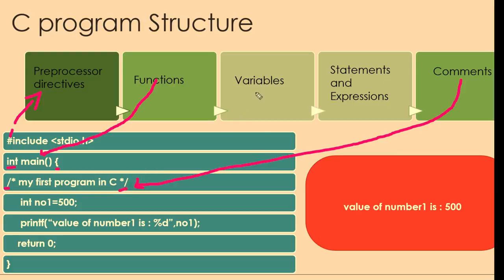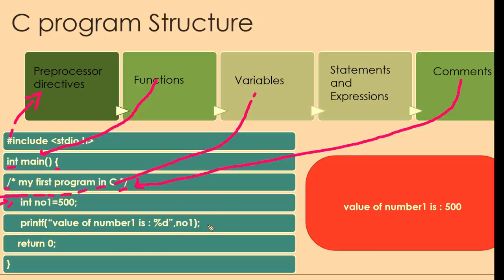Then next is the variable declarations. Here I have declared these variables. int number1 = 500. number1 is of type integer, having a value 500, declared over here. This is the variable declaration part. Right. Next is statements and expressions.